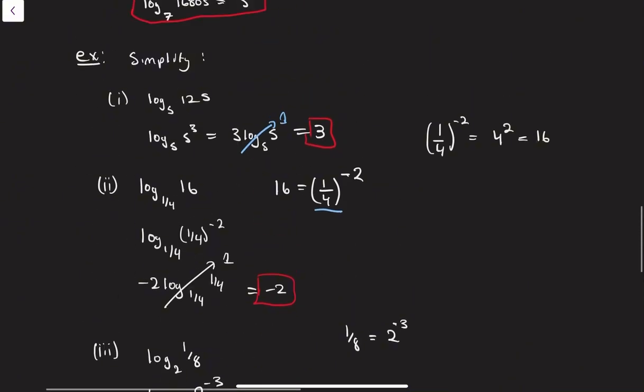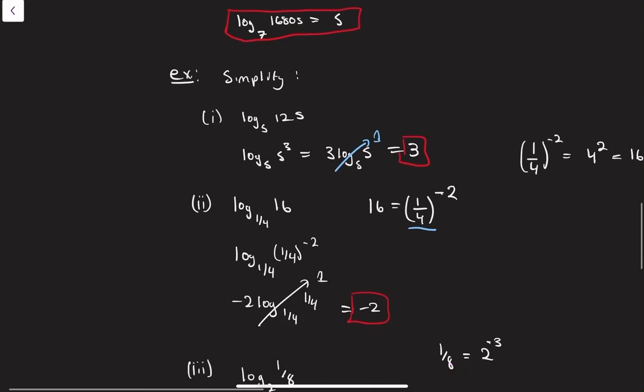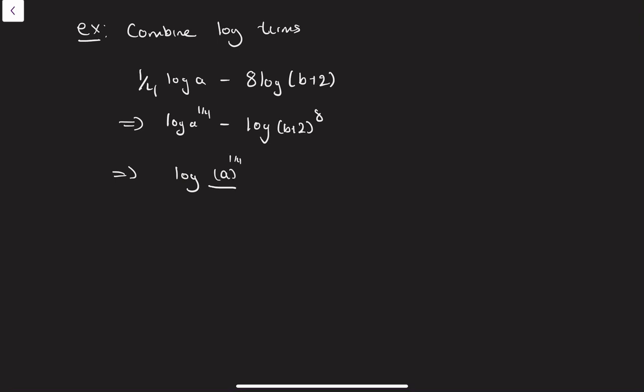Now using the second law of logarithms, we can take subtracting logarithms of the same base and put them into one logarithm where everything is being divided. So we have log of a raised to 1 over 4, all over b plus 2 to the 8. And now everything is combined into like terms.